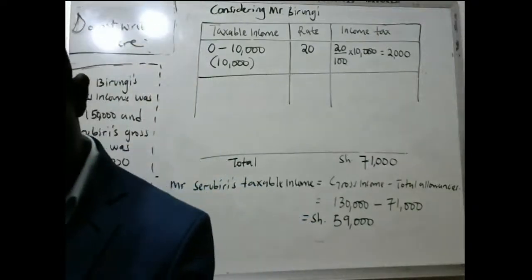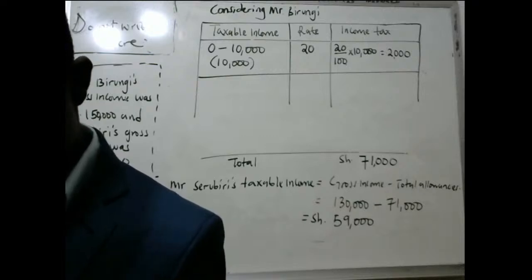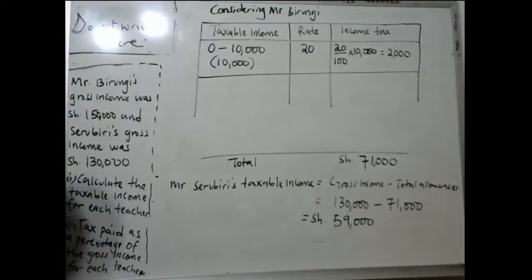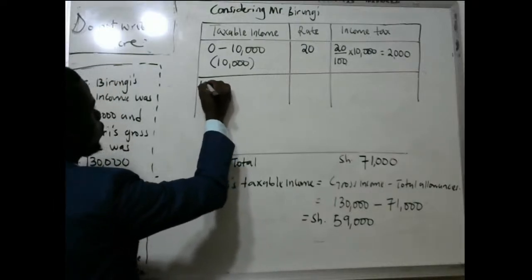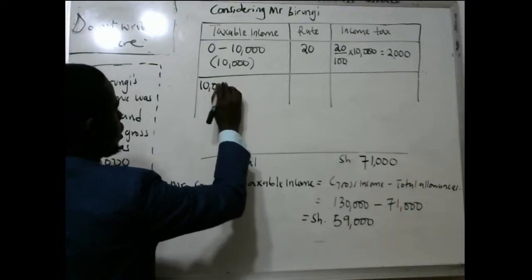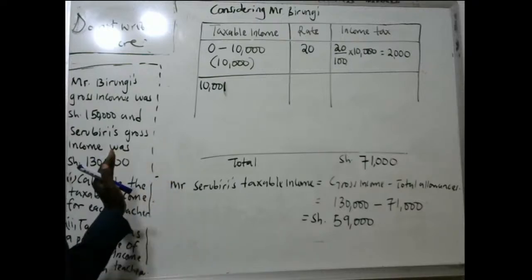The statement is saying that first shillings 10,000 taxable income is 20%, while the rest is taxed at 15%. The rest, meaning here it will be 100,001. Because after 100,000, the next class is 100,001.